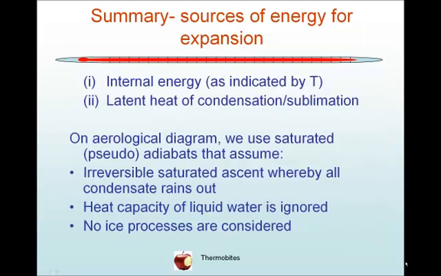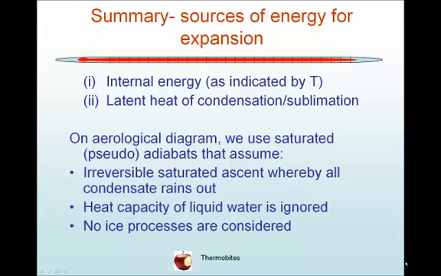So what sources of energy do we have as we rise and expand the parcel? Well, there's the internal energy as indicated by the temperature. So the environmental pressure decreases, the parcel expands to accommodate that, and so there's a decrease in the internal energy as work's done on the environment, and the parcel cools.